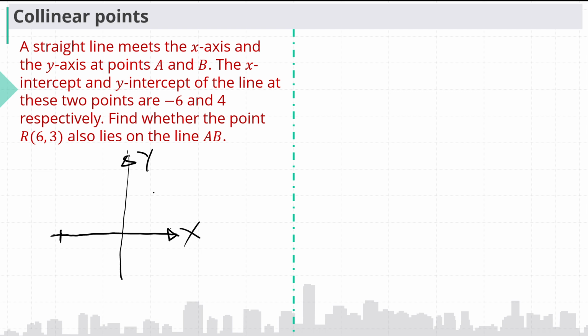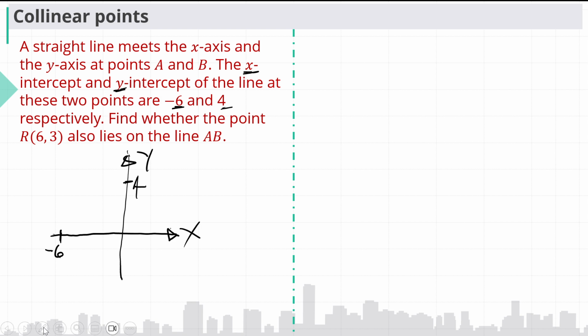Question says that the x-intercept is minus 6. That is to say that this straight line mentioned in the question meets the x-axis at minus 6. Question also says that the y-intercept is 4. That's to say that the straight line meets the y-axis at positive 4.